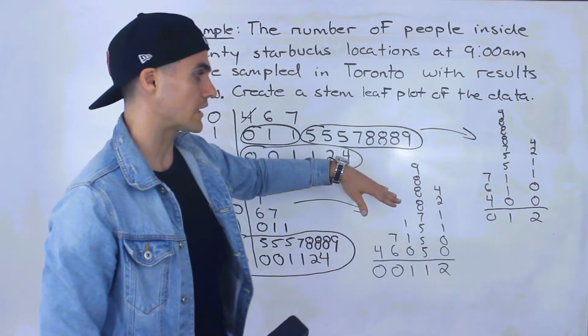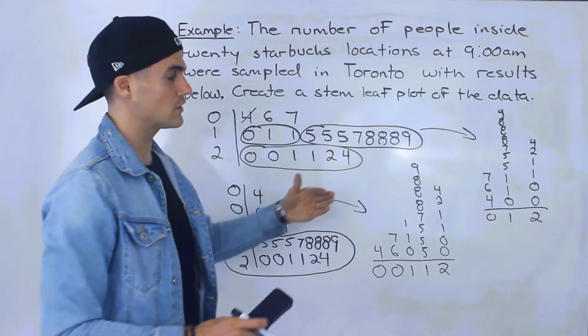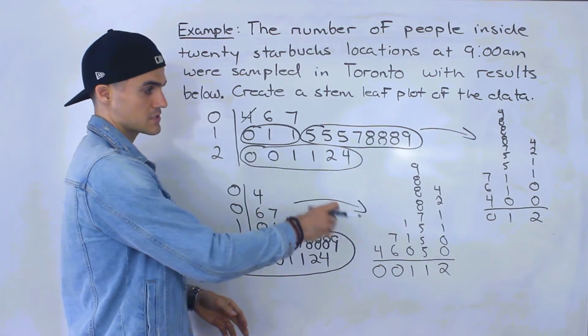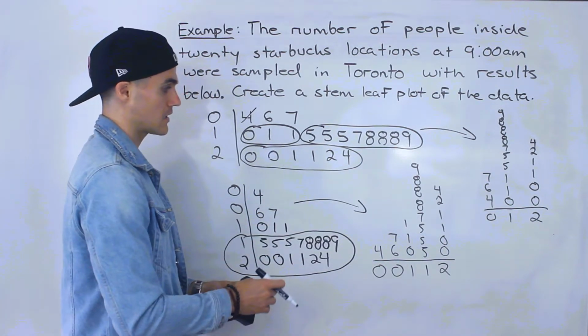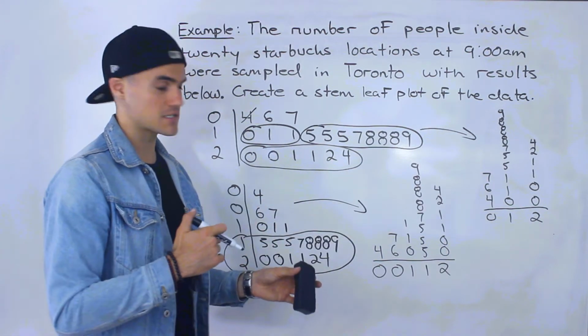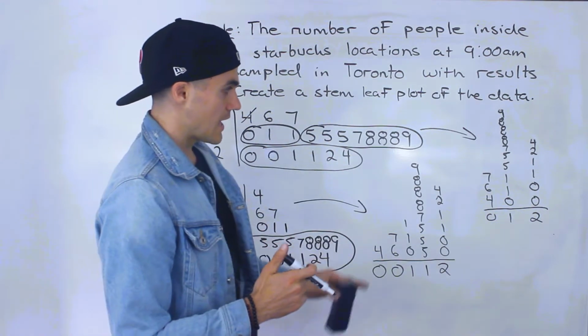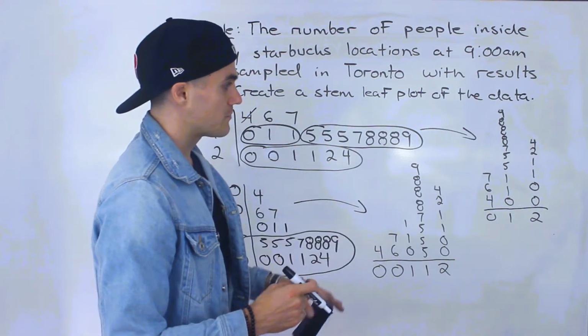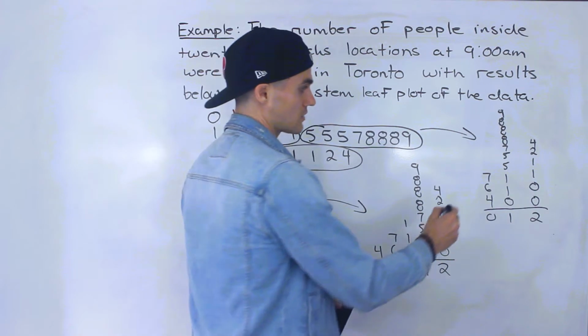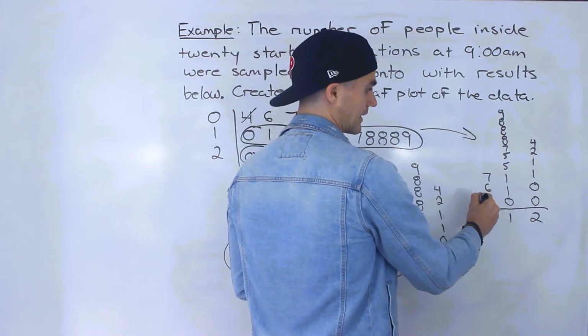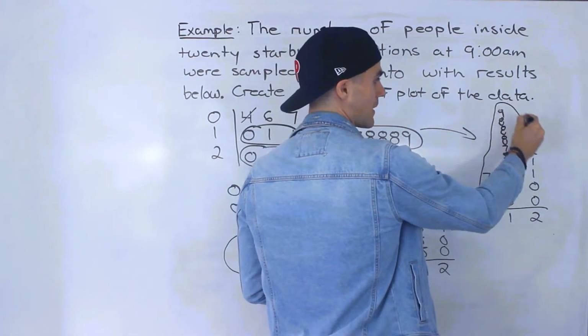Now we're going to get into more detail in future videos talking about shapes of histograms and skewness. But just to give a brief introduction, notice that this one looks a little bit symmetrical.